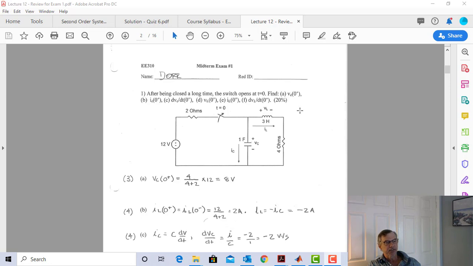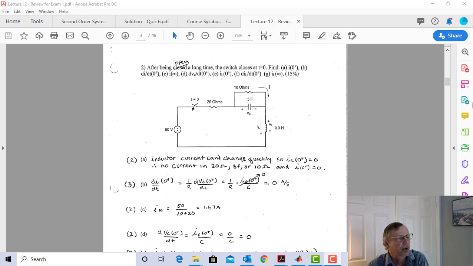In this case, we wanted dVL dt, so I said, what's dVL dt on this side? And I find it's minus 2 volts per second. What's dV dt on this side? And it's 0. So I just subtracted them. And I find myself doing that for components that are written horizontally. I know that's kind of silly, but it's just kind of a survival tip for getting through this class.